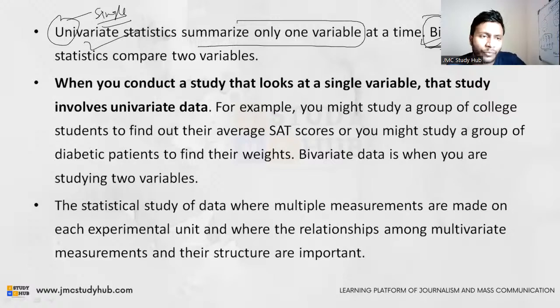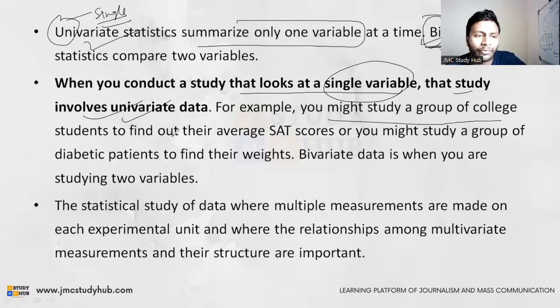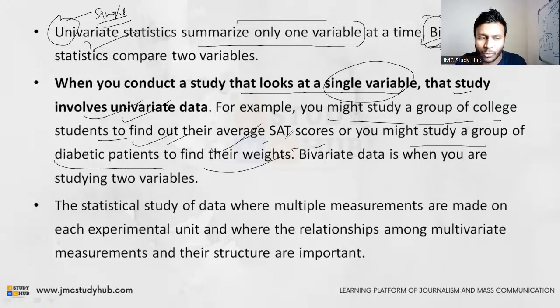Okay. So when you conduct a study that looks at a single variable, that study involves the univariate data we have told you. Like for an example, you might study a group of college students to find out their average SAT scores, or you might study a group of diabetic patients to find their weights. अगर आपके पास group of diabetic patients है, group of college students है, so आप अपना एवरेज फाइंड आउट करना चाह रहे हैं, एवरेज ऑफ द वेट, एवरेज ऑफ द परफॉर्मेंस, राइट?